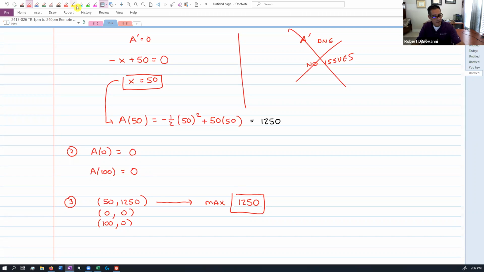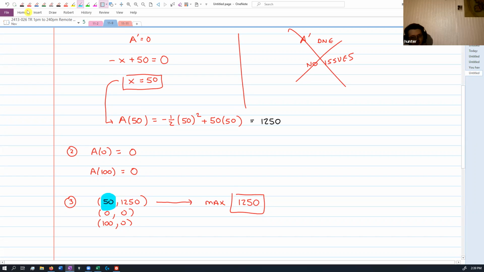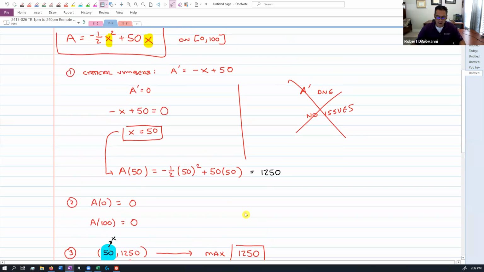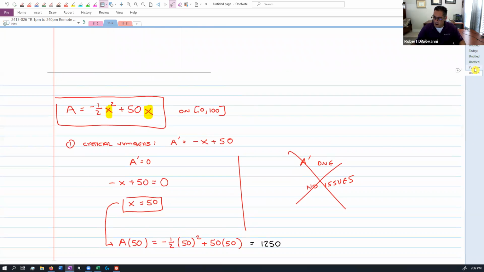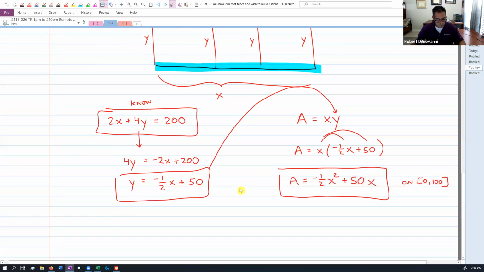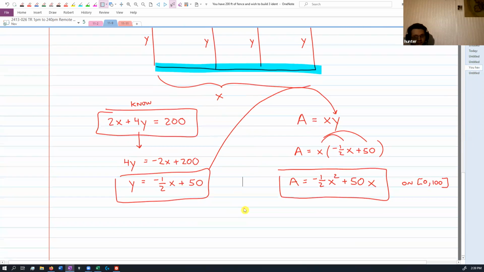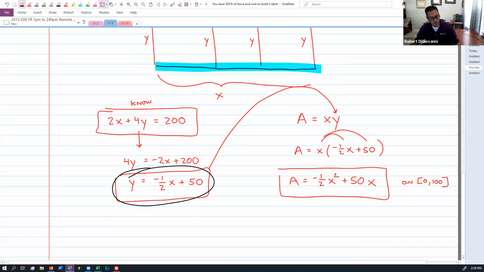What does x have to be? 50. It happens when x is 50, right? If I let x be 50, then I'll get the maximum area of 1250. If x is 50, can you tell me what y would have to be? 25. You get that from this equation. If you plug in x is 50 here, you'll get y is 25.